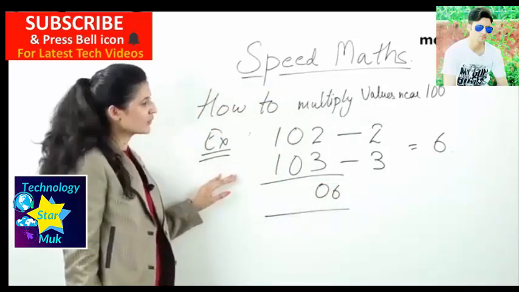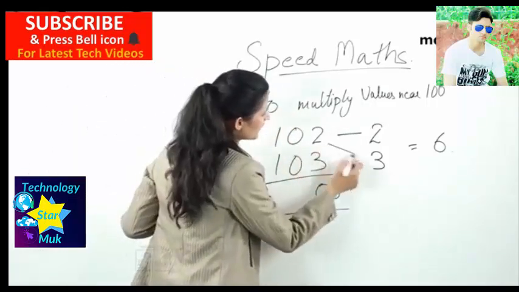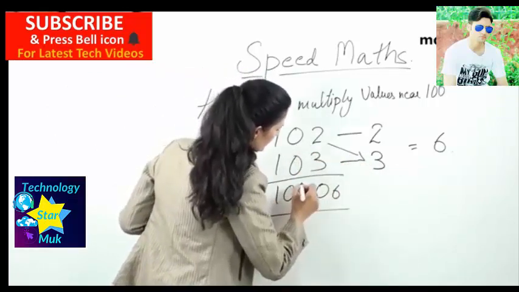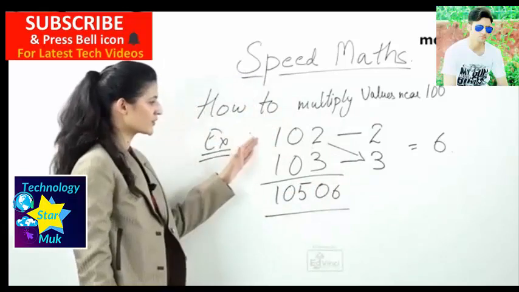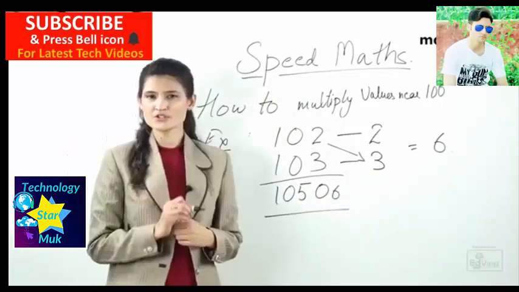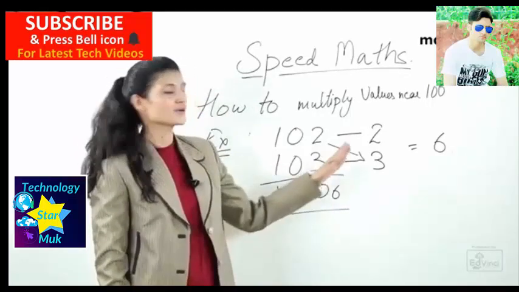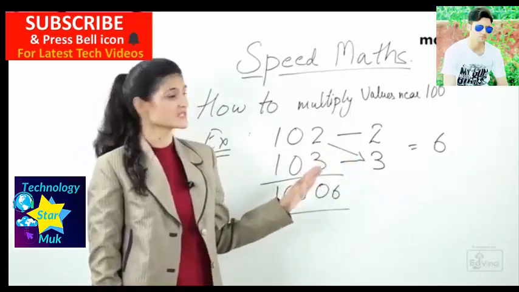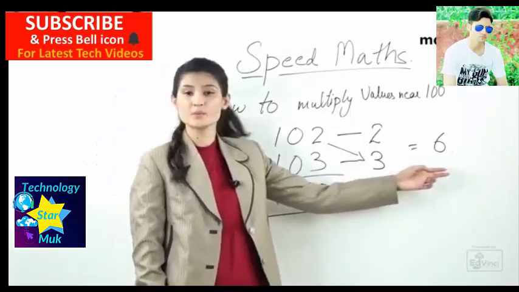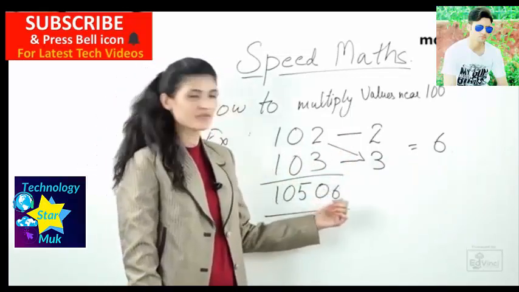Step number 4 is cross addition, where we add 102 plus 3, which is 105. So our answer for 102 into 103 is 10506. I want to stress a point here. Multiplication of the differences always gives us the last 2 digits of the answer. So in case we get only 1 digit, we should put a 0 before that.